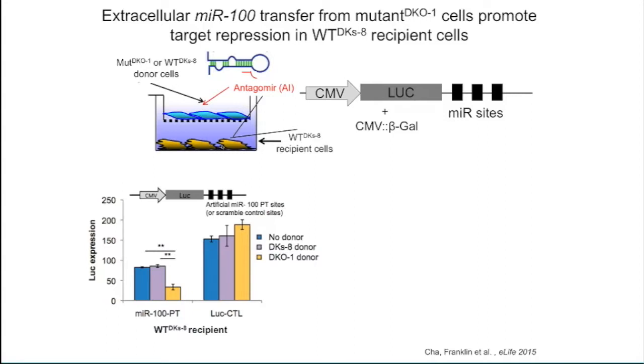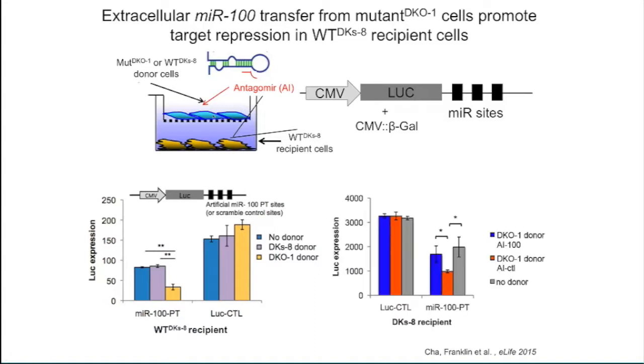To try to further prove that that was due to expression of miR100 in these donor cells, we treated the donor cells with an antagomer. The idea being that if we reduced the levels of miR100 in these donor cells, then we should not see as much repression. And what was shown is exactly what we found.